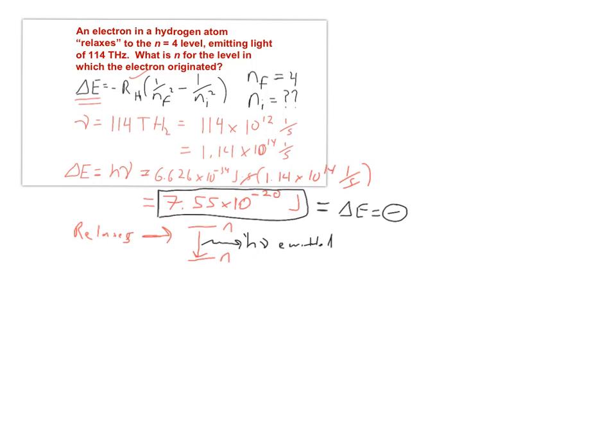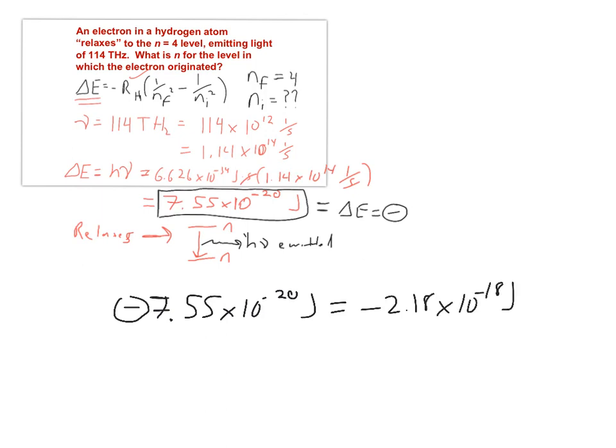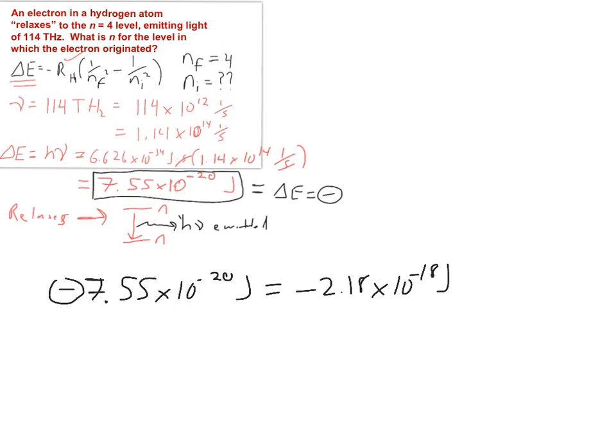So now we have the change in energy equal to minus the Rydberg constant times 1 over 4 squared minus 1 over n i squared.